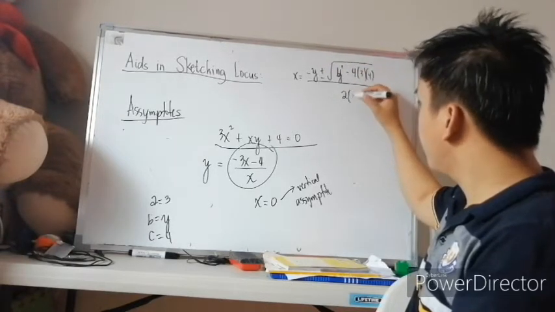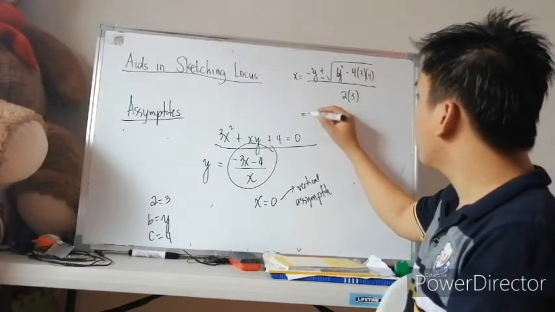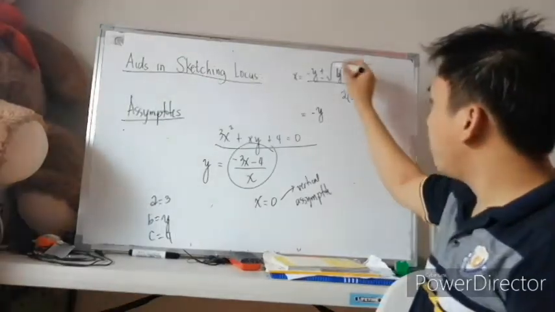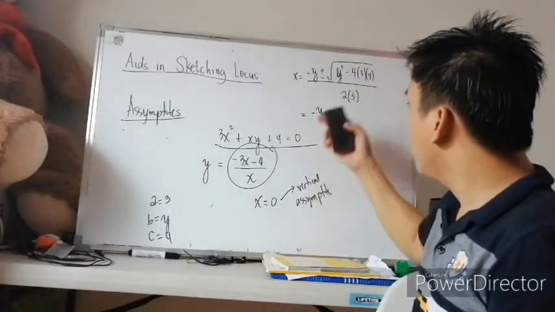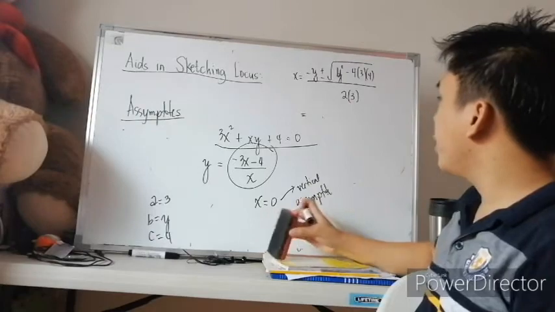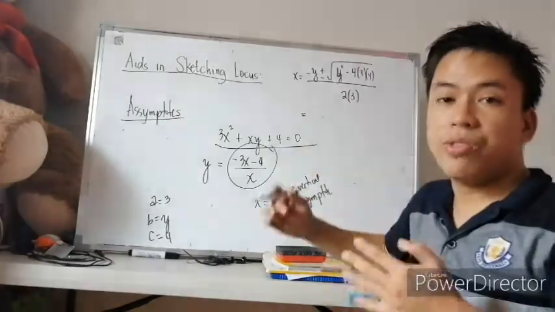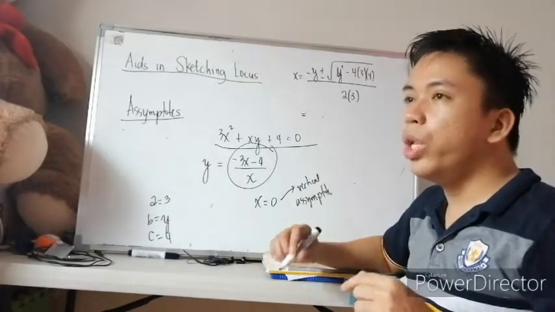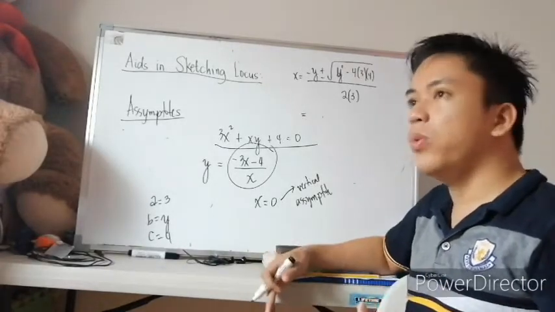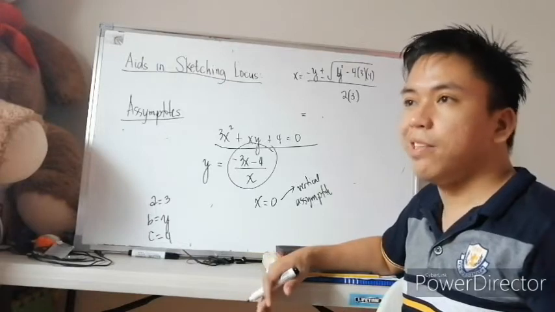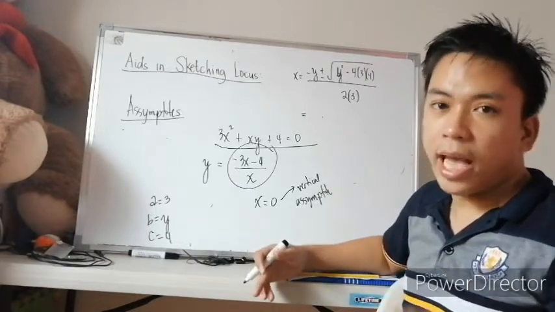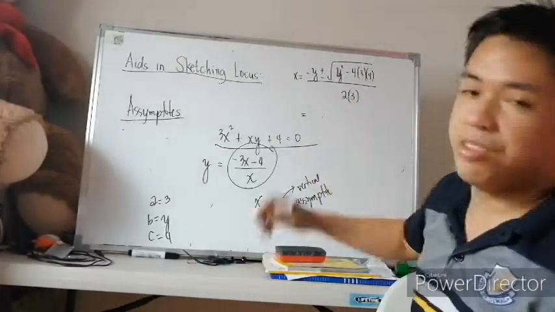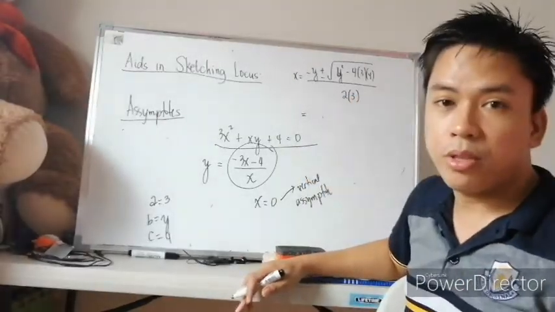Your a is 3. So you'll get negative y, or even if I don't continue simplifying, it's pretty obvious you only have to check the denominator. In this case, the denominator is constant already, so no variable. Therefore, you will not be able to find a value in the real number set at which this expression becomes zero. Therefore, this equation doesn't have a horizontal asymptote. That's it.